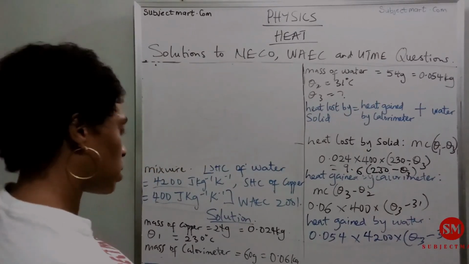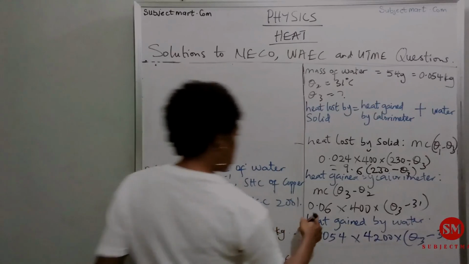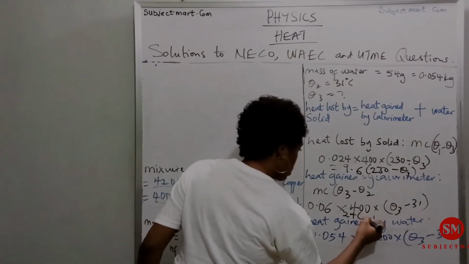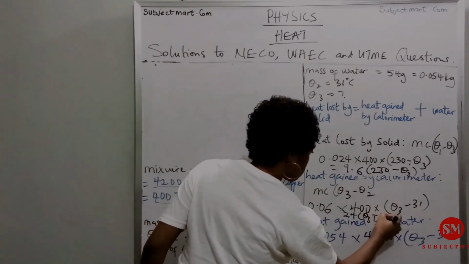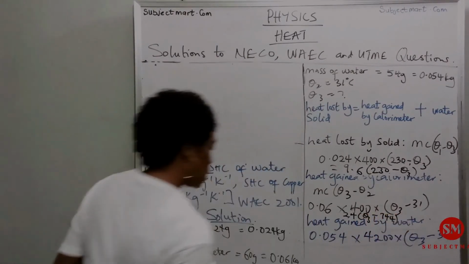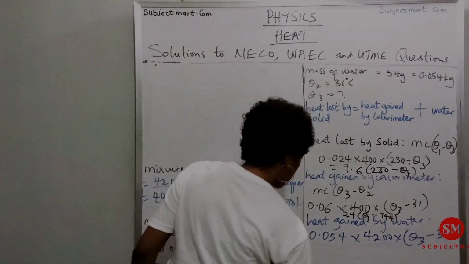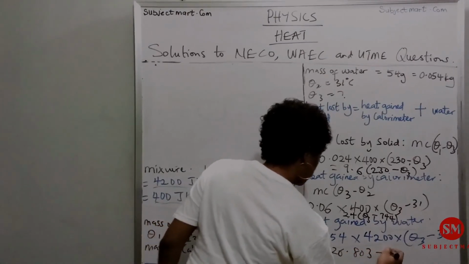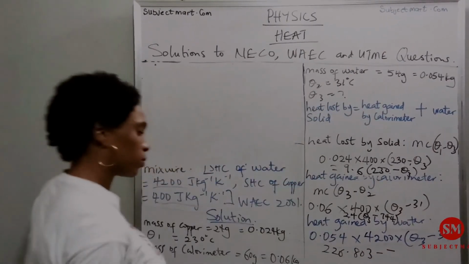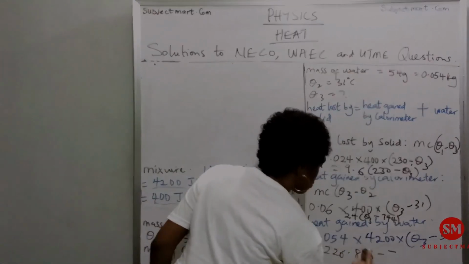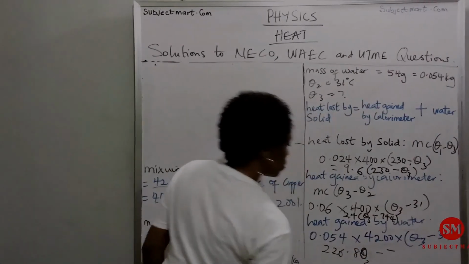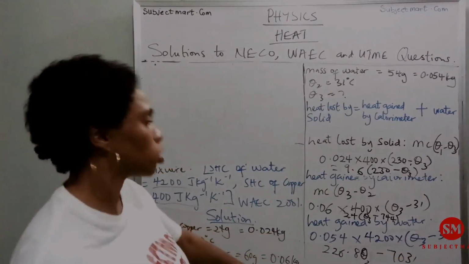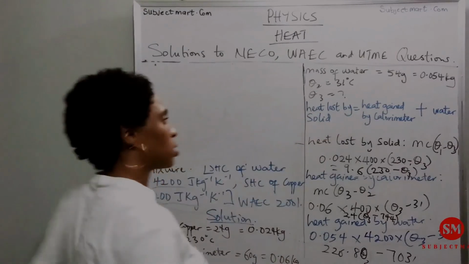Now for the calorimeter, if I go ahead and simplify this, I'm going to have 24 theta 3 minus 744. Then lastly for water, this multiplied by this will give me 226.8 theta 3 minus 7,031.